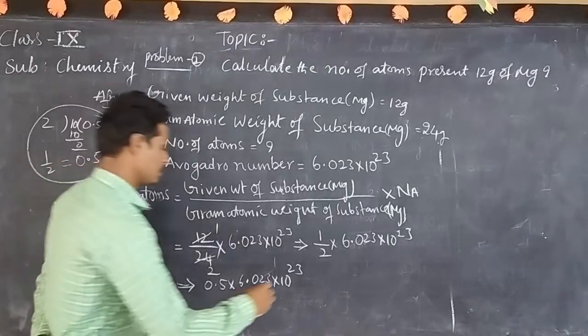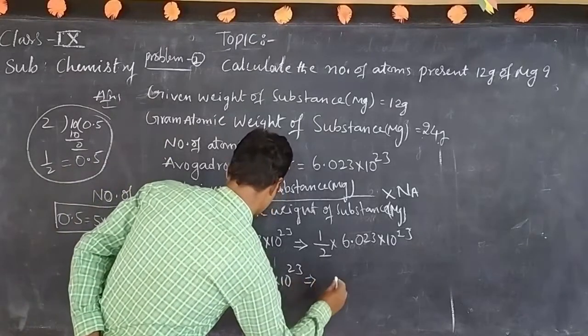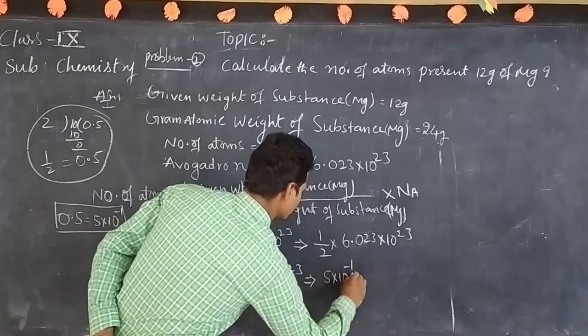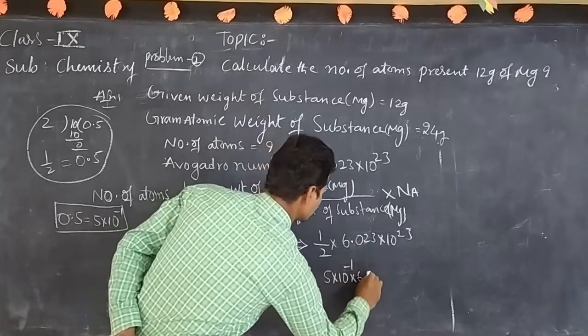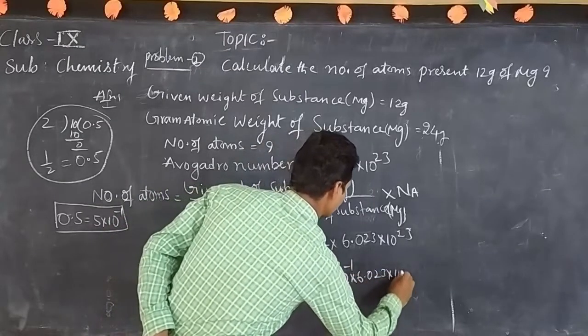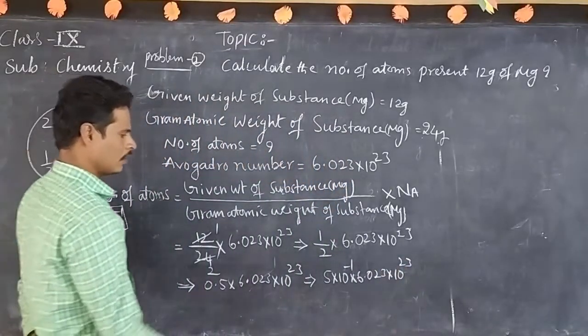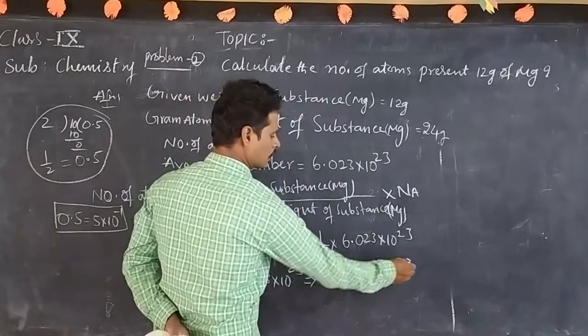Now this one we should write 5 into 10 to the power minus 1 into 6.023 into 10 to the power 23. Now here minus 1 plus 23.